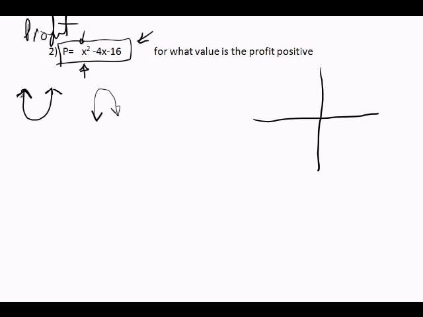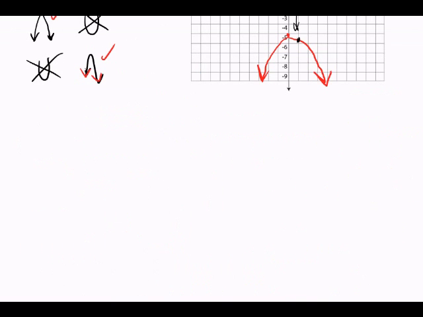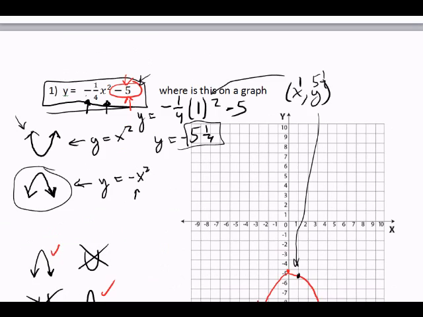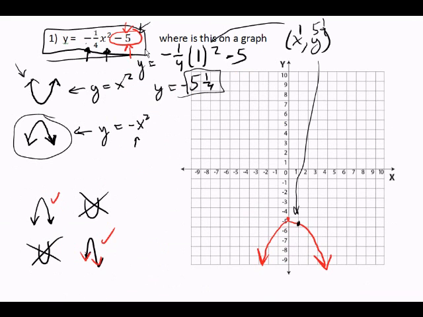No. Do you see how there's a positive in front of the x squared? I'm just gonna take this back up here and show us this again. If the number in front of x squared is positive, then it's going up.